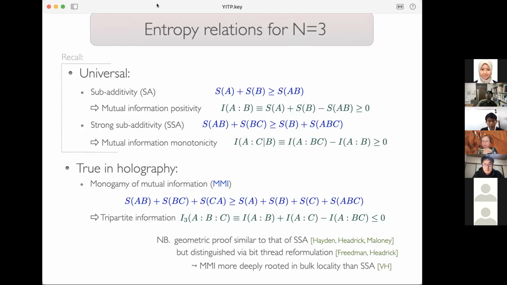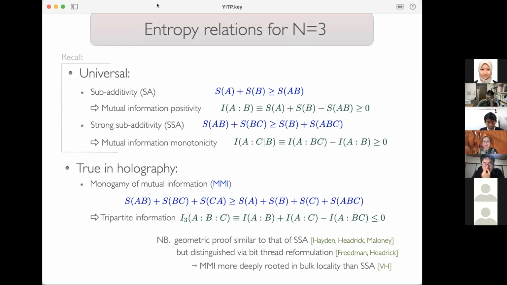It's easy to find counterexamples of quantum states which violate this inequality. But the geometric proof based on extremal surfaces doesn't discern this difference, that this inequality is universal, whereas this one is highly non-universal.